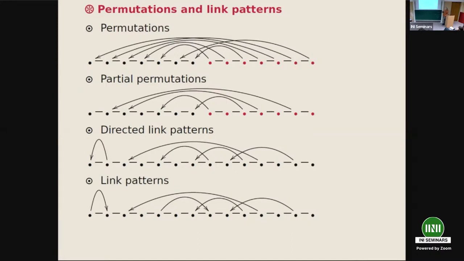So these are permutations. Another combinatorial object is a partial permutation. So you have a map which is not everywhere defined and is not surjective, but is injective on the domain. The third kind of combinatorial object is directed link patterns, which in the literature were rather called link patterns, but I need another one, so this will be called directed.